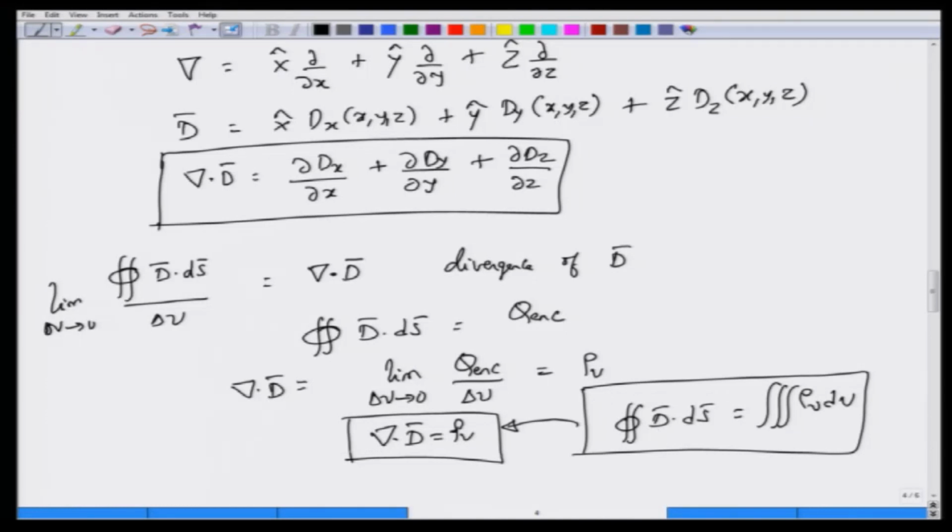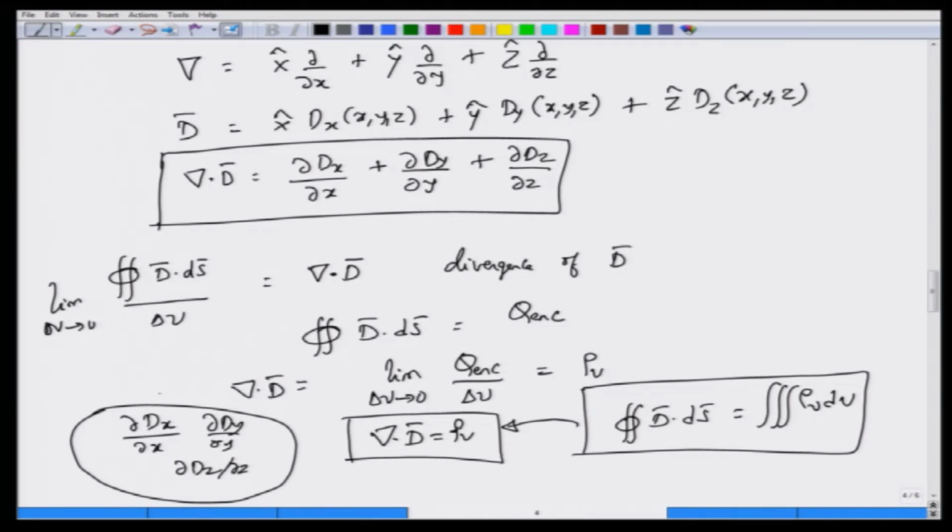Now, will this differential form always exist? What are the conditions for it to exist? Without going too much into the mathematical details, the requirement for del dot D to be defined is that all these partial derivatives, del Dx by del x, del Dy by del y and del Dz by del z, must be finite.